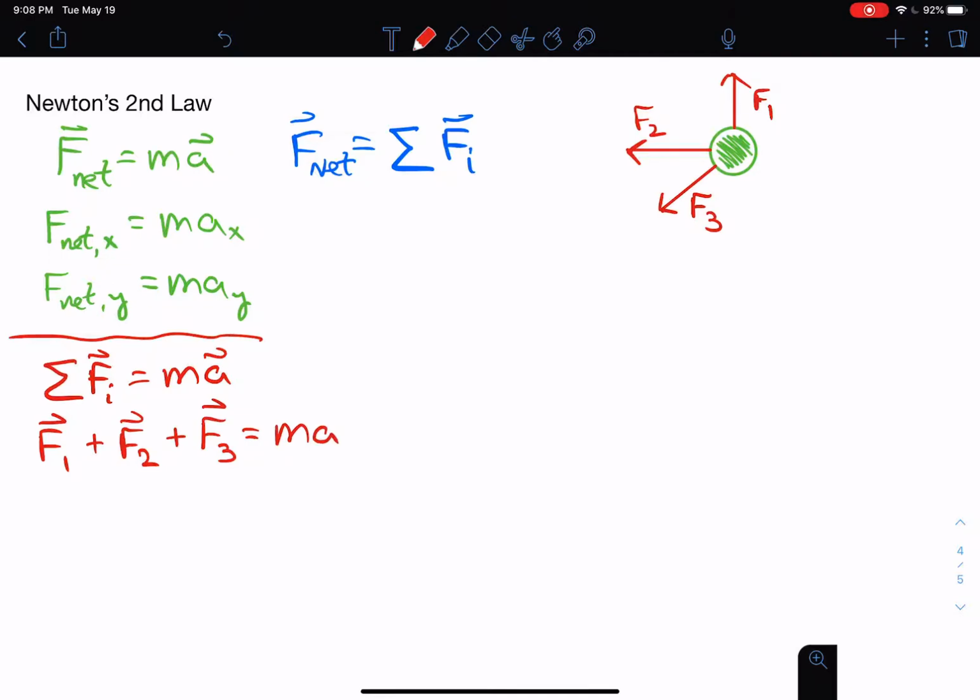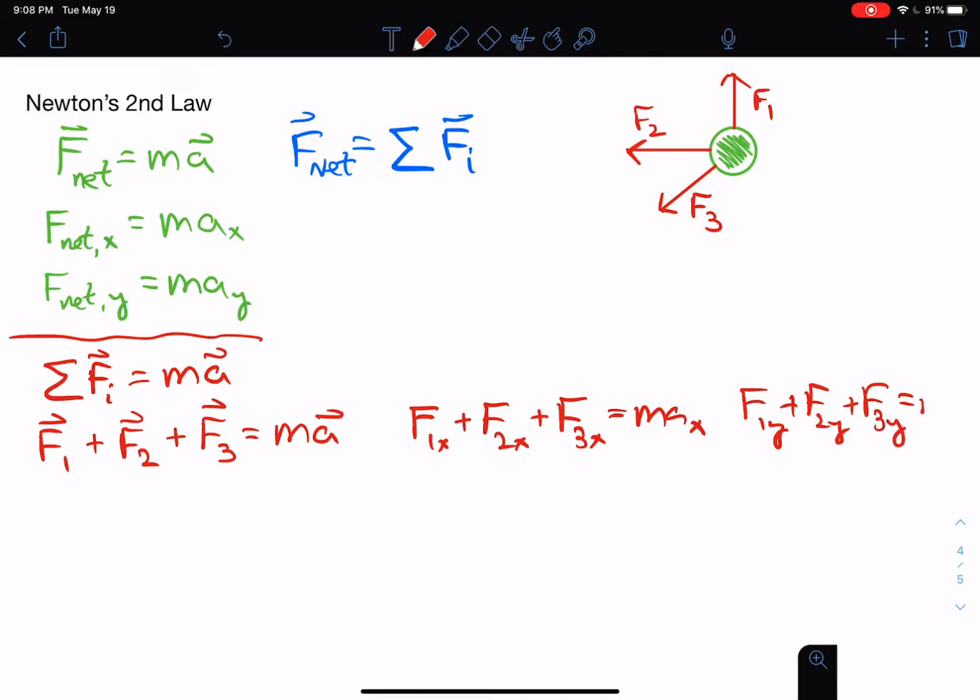That has to equal the mass times the acceleration. And now I've got to write that in its components. So that means I've got to write it as F1x plus F2x plus F3x equals m a sub x. And we've got to do it again for the y: F1y plus F2y plus F3y equals m a sub y.